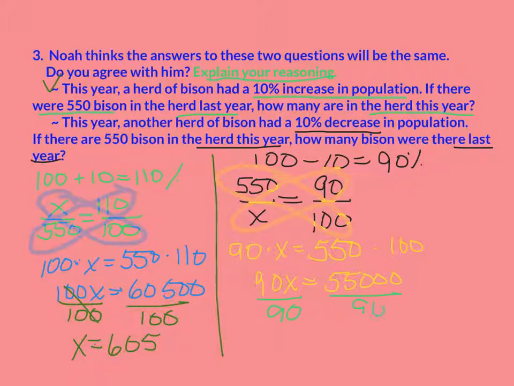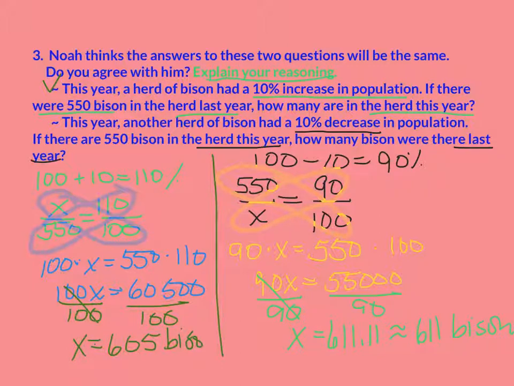Divide both sides by 90. Those cancel. I'm left with x equals. If I do that on my calculator, I'm going to end up with a repeating decimal, 611.11. So I'm just going to round that to about 611 bison. And this one I did forget to put the label over here for bison.